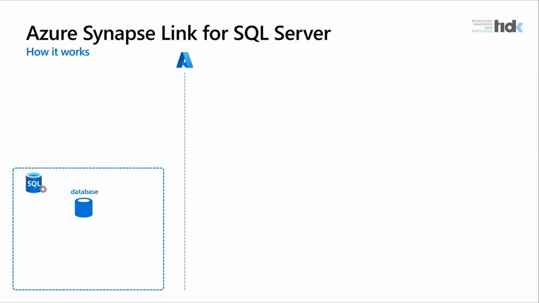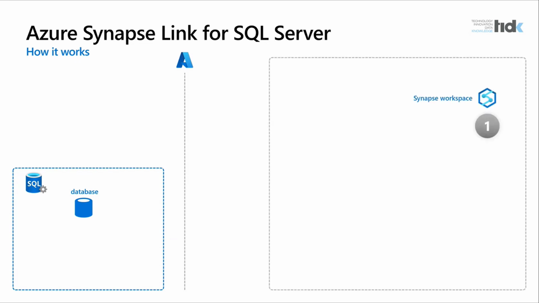Imagine we have an on-prem solution with an existing SQL Server 2022 database, which we want to connect to Azure Synapse Analytics. Then we have our Synapse workspace with a dedicated SQL pool created, and this dedicated pool should be big enough to be able to consume this data from our on-prem SQL Server.